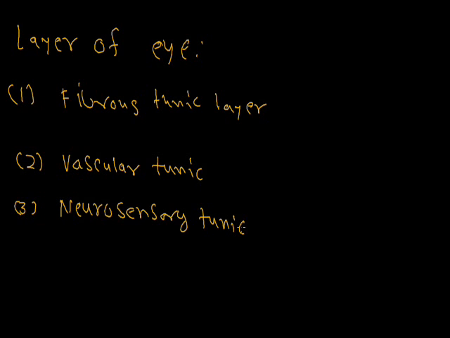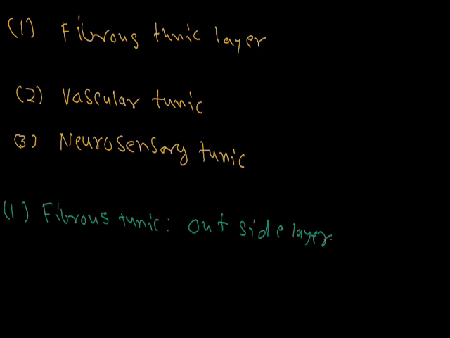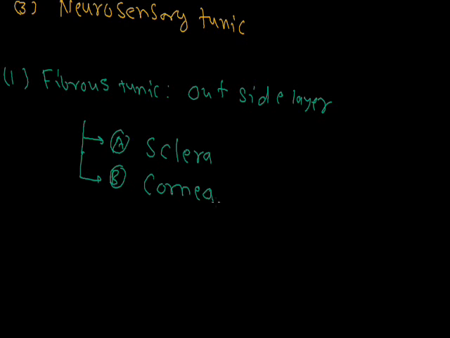The fibrous tunic layer is the outside layer, the mid layer is the vascular tunic, and the last and inner layer of the eye is the neurosensory tunic. So we will discuss the fibrous tunic layer first. The fibrous tunic layer is the outside layer and it consists of two components: one is the sclera, second is the cornea.